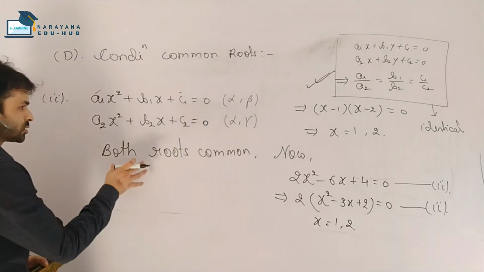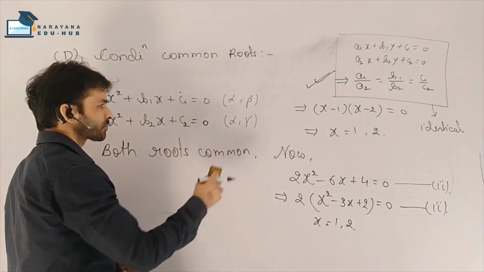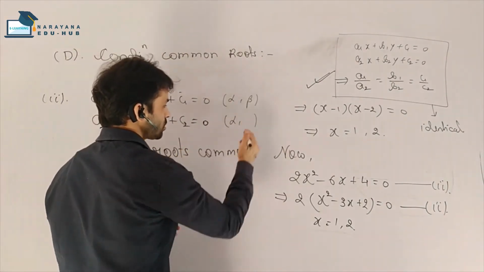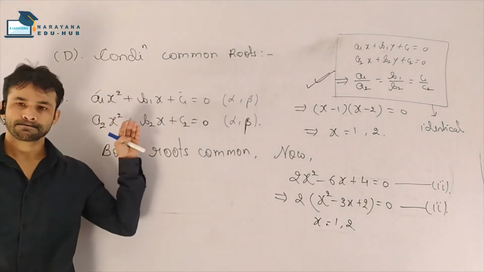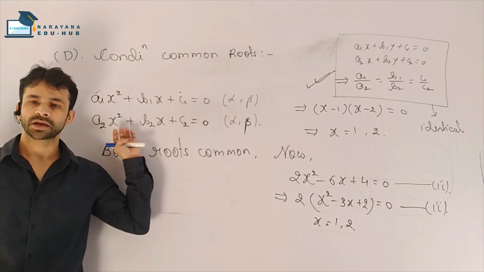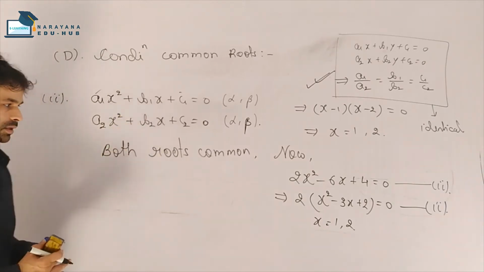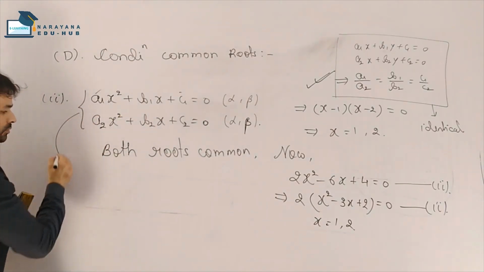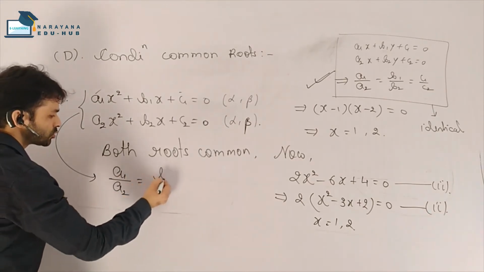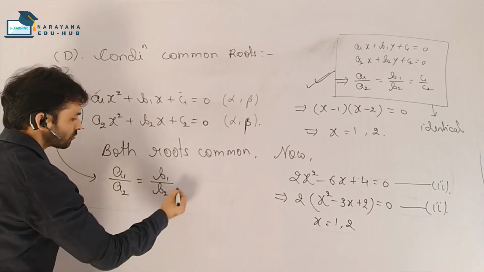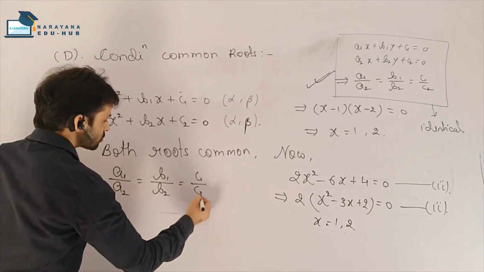So now things are clear. This has roots alpha beta, this also has roots alpha beta, and both roots are the same, which means they have become identical. So what will happen? a1 by a2 will be equal to b1 by b2 will be equal to c1 by c2.